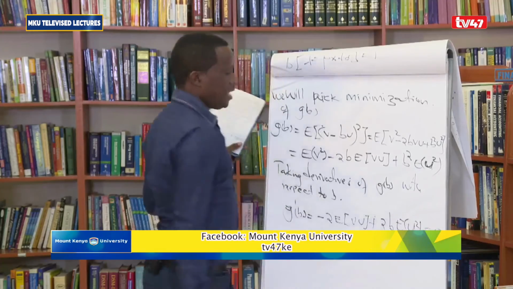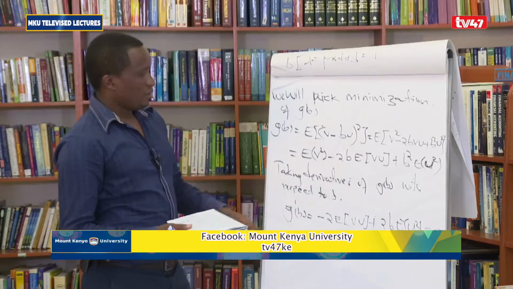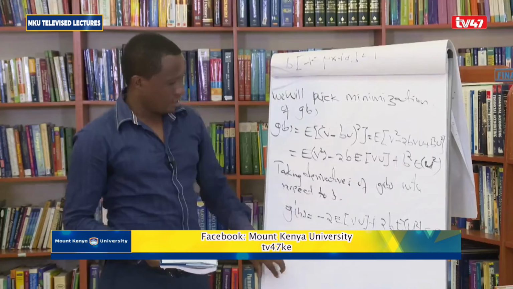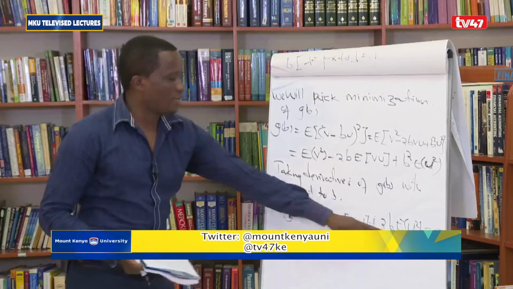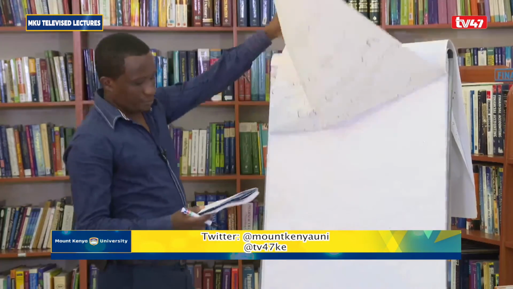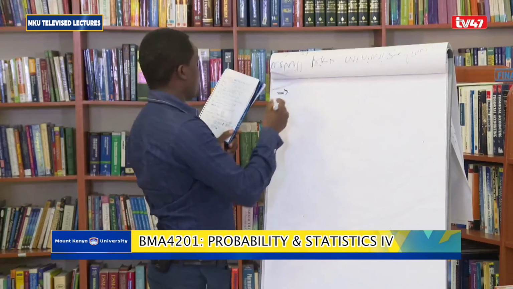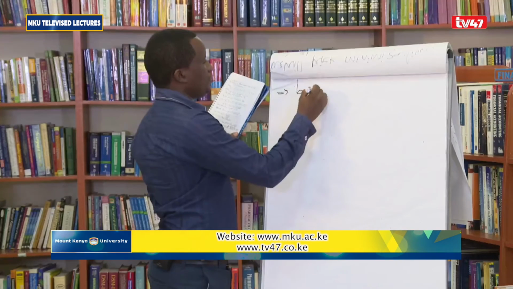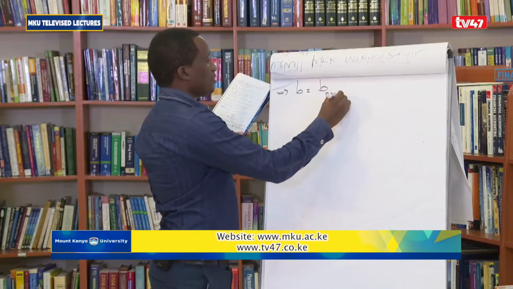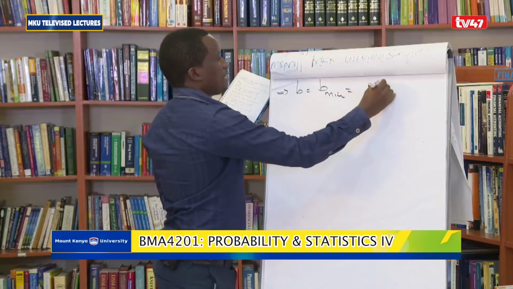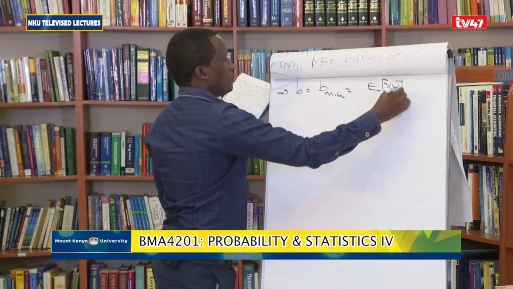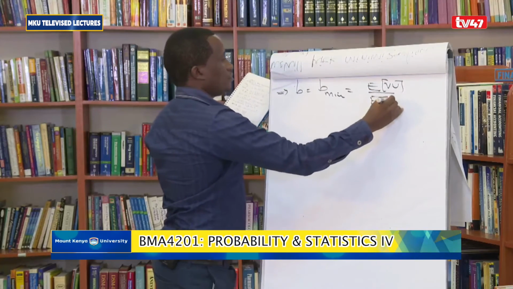If we want the minimum, then we equate it to 0. The b squared drops the 2 and then the power minus 1, that's why we are having 2b. Now, implying that if we make b the subject of the formula and we want to minimize it, that means b minimum is equal to expected of vu all over expected of u squared.